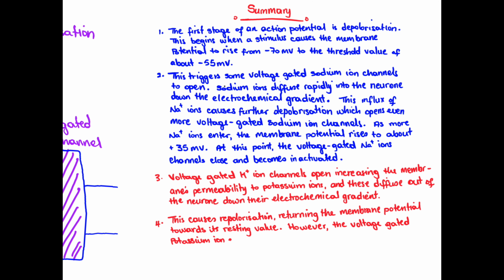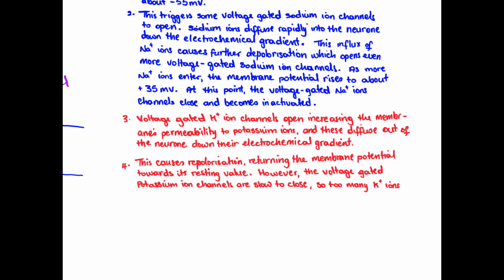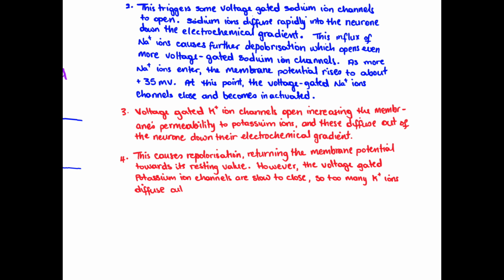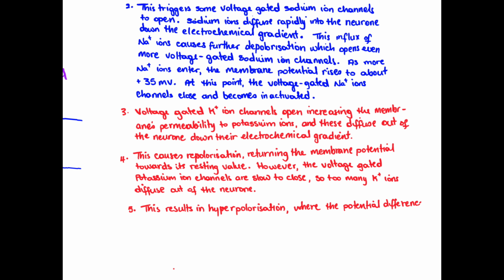However, the voltage-gated potassium ion channels are slow to close, so too many potassium ions diffuse out of the membrane. Step 5, this results in hyperpolarization, where the potential difference falls to about minus 90 millivolts.